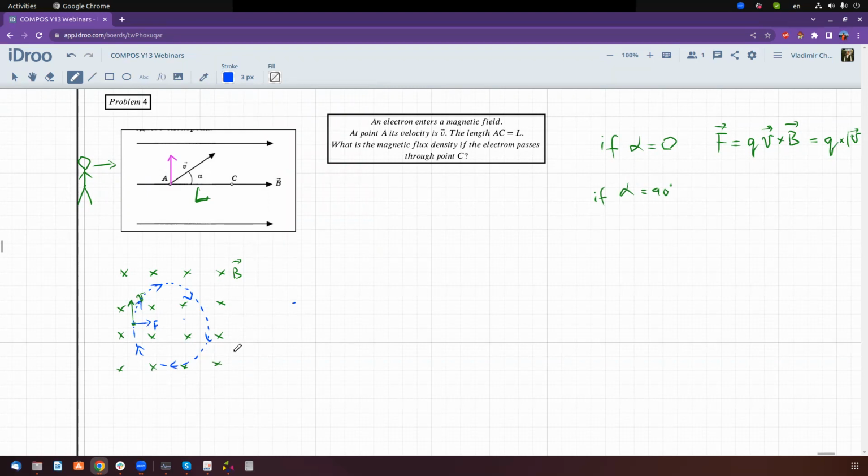So A would go up and towards us, and then it would go down and towards us. Then it would go down and away from us. So it would make a circle. A would travel in a circle like this.